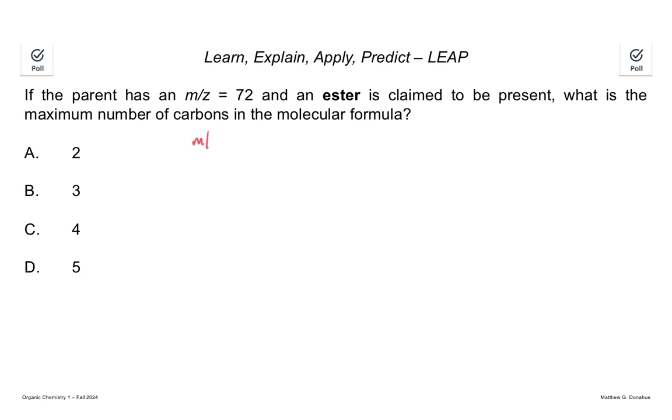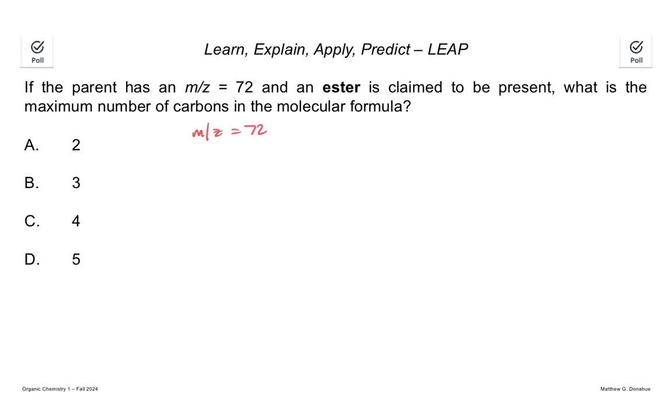So we have M/Z equal to 72. And say we want to consider that the molecule is going to be an ester. What then would be the maximum number of carbon atoms present in the molecular formula? We go about this by saying, okay, an ester has, the little ball is part of the molecule we're trying to figure out.